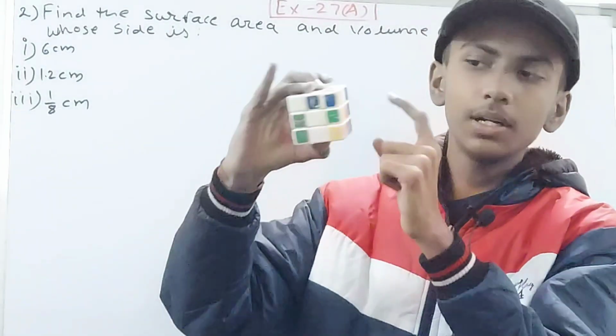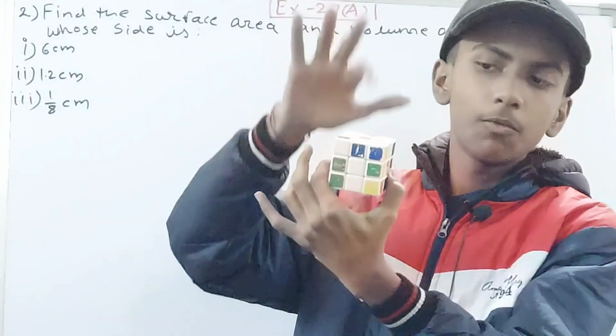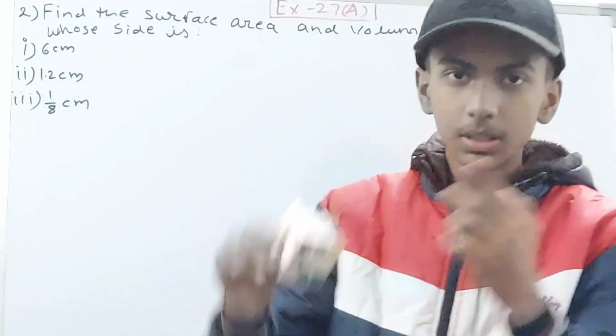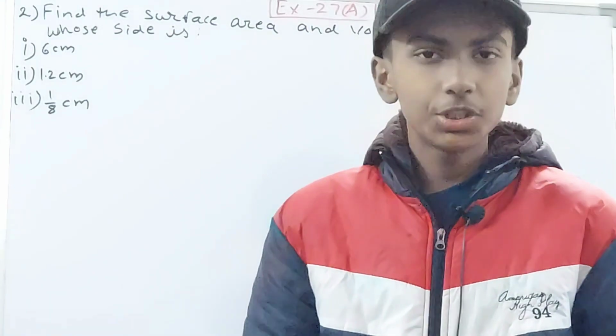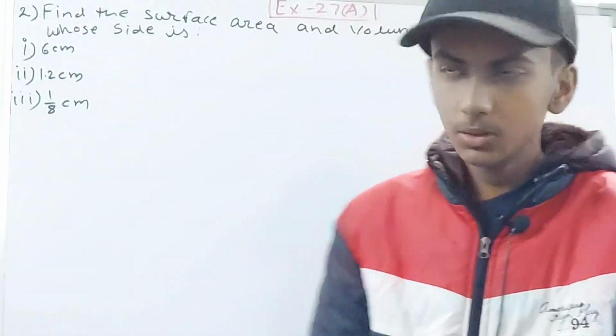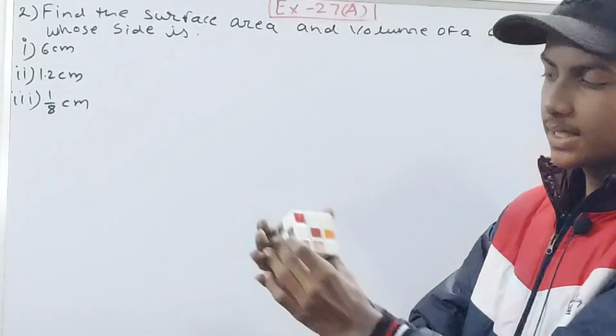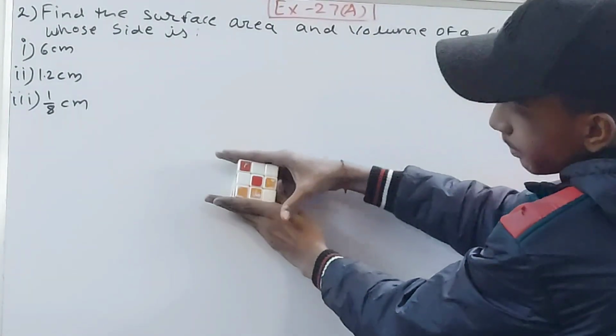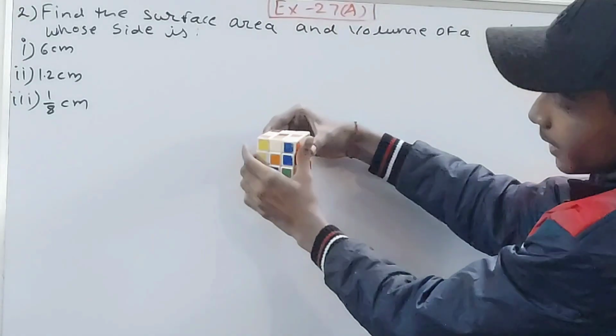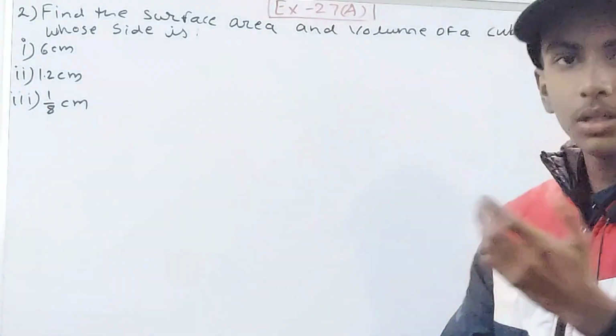So 1, 2, 3, 4 here, one on top, one on the bottom. 6 squares together of the same dimensions make up a cube. If I view it from here and I don't show you any other side, it appears it's a square, but when I have given some height to it, then it is a cube.